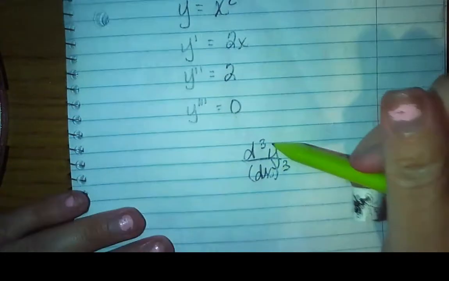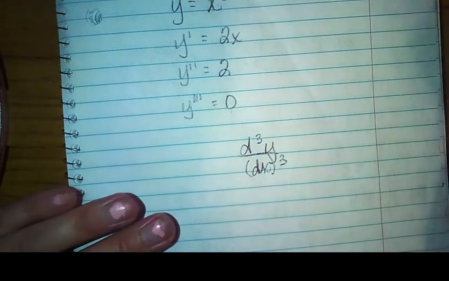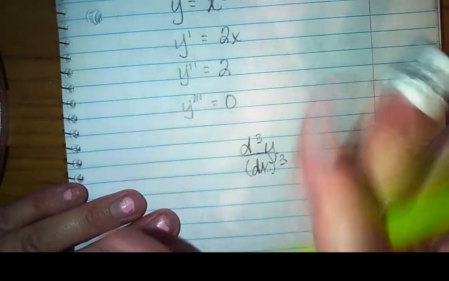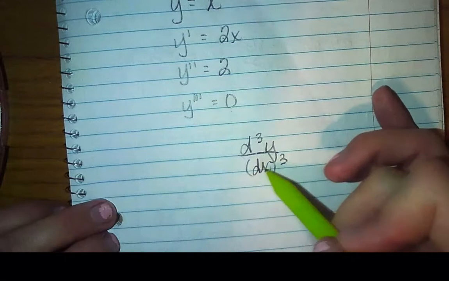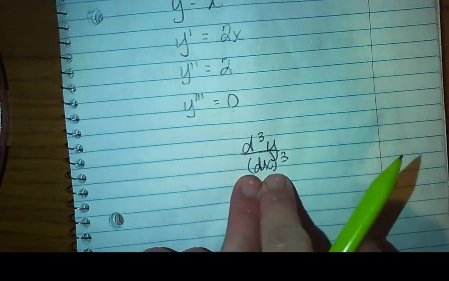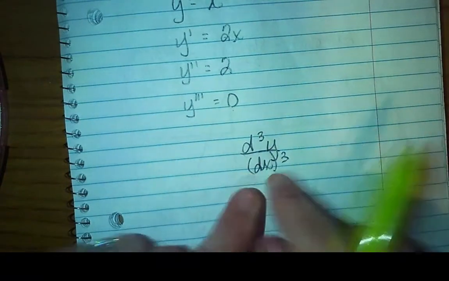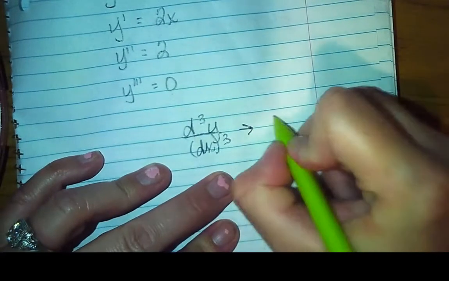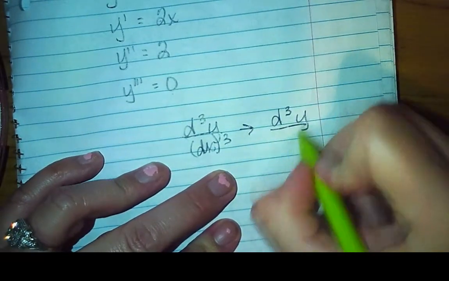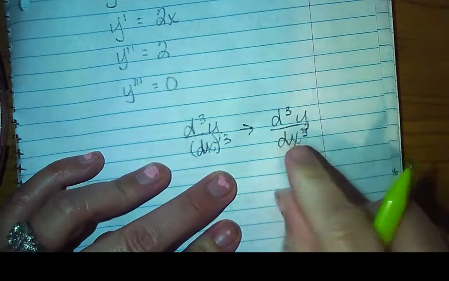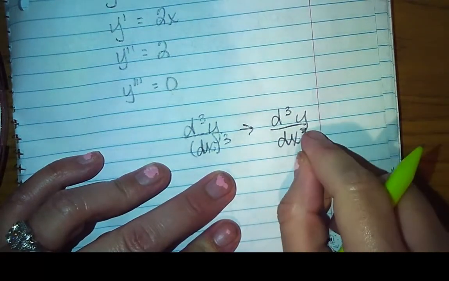That's not how you read it. It's just the third derivative of dy dx, but it's more involved than that when you get into Cal 2. But notice I put parentheses around this. Without parentheses, what it looks like is dx cubed, so it looks like the derivative of x cubed.